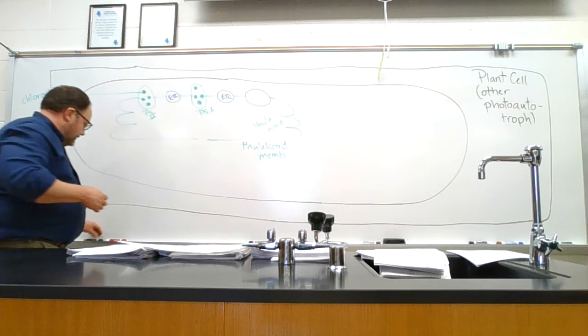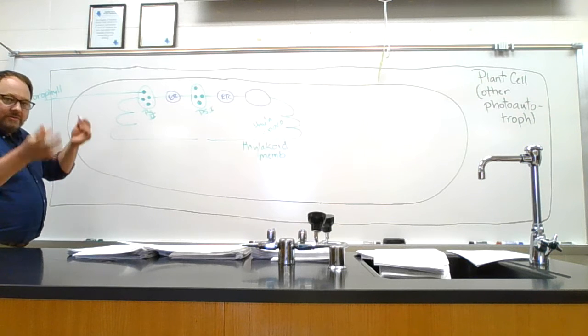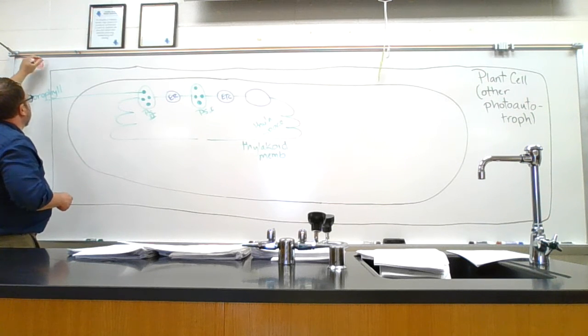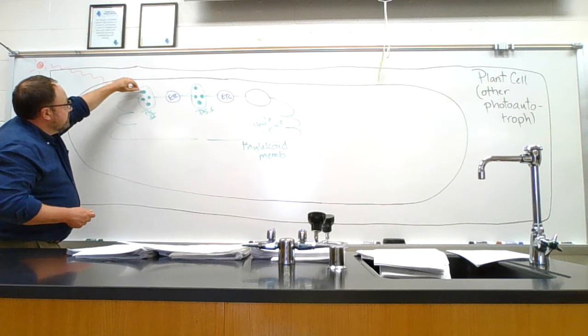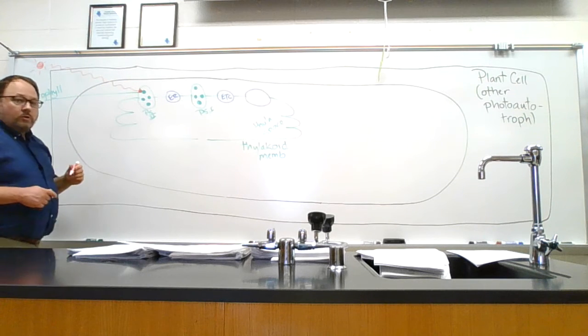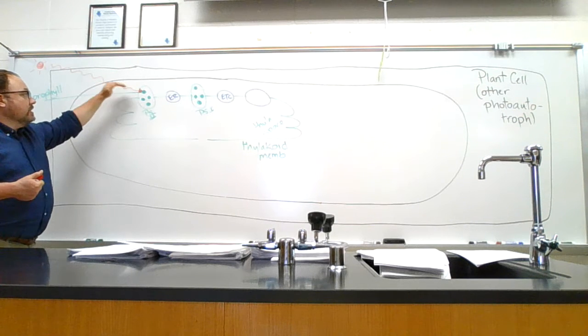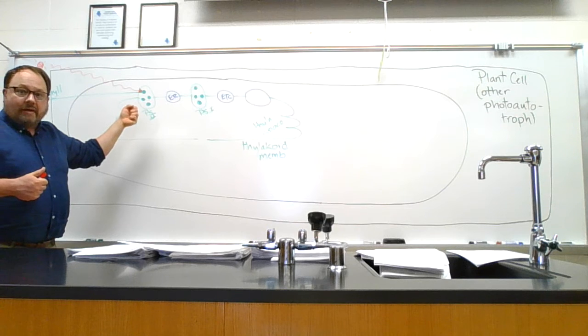Now, what happens is we got the sun. Let's draw a little sun out here. I'm doing this in red. You could choose your own warm color. So rays from the sun strike these chlorophyll pigments. So energy from the sun, photons of light from the sun, strike these pigments, and the chlorophyll pigments absorb many wavelengths of light.